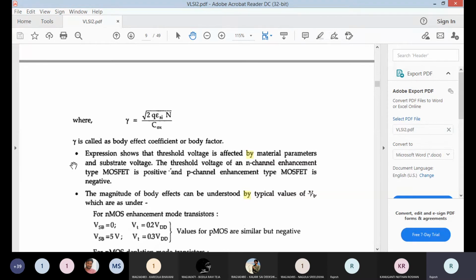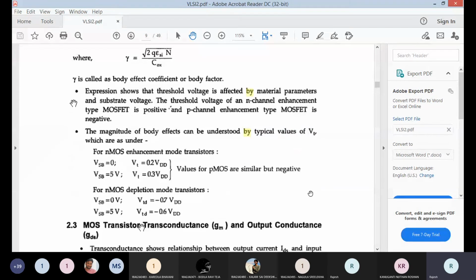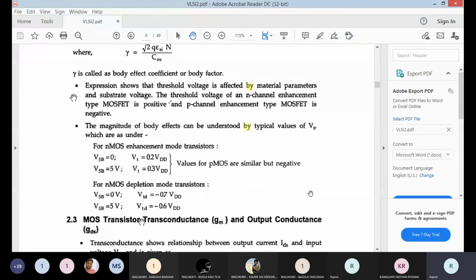What is Q? Charge. Epsilon SI is the SiO2 permittivity, capital N is the acceptor or donor concentration, COX is the oxide capacitance. So this is the expression for threshold voltage.